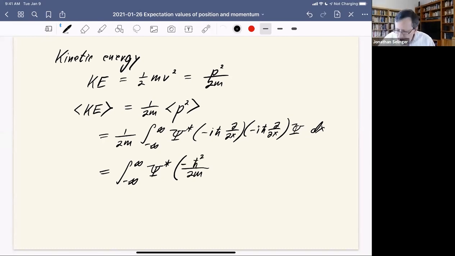Negative h bar squared over 2m, and then a second derivative with respect to x of psi, dx. So that's how you could calculate the kinetic energy.